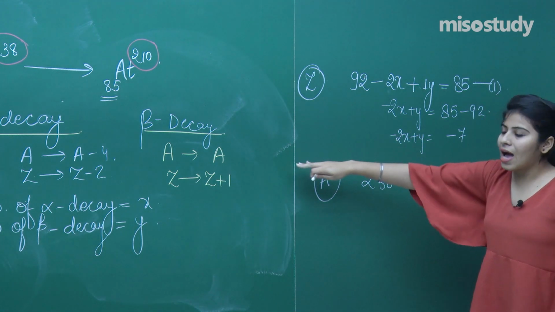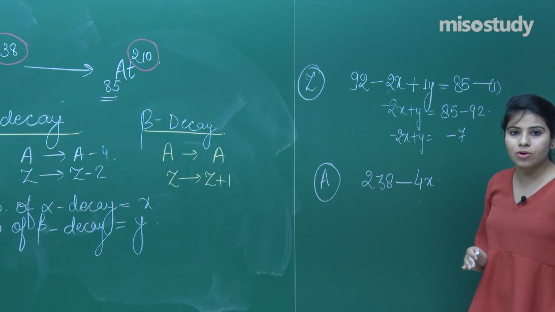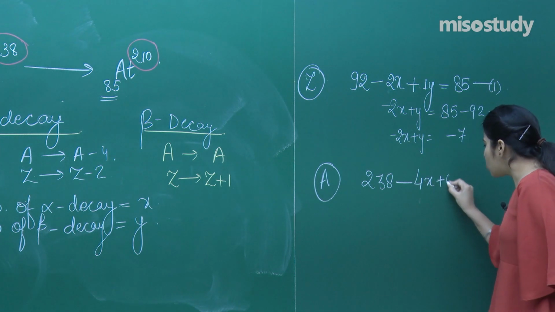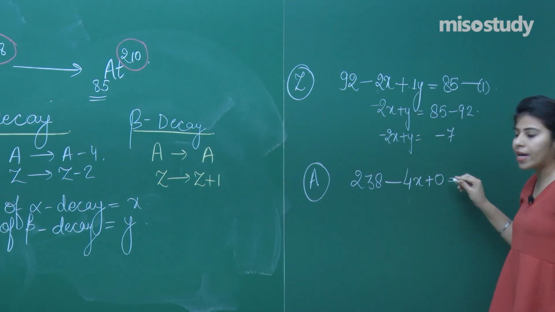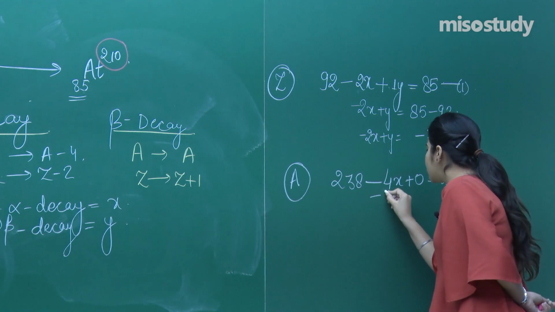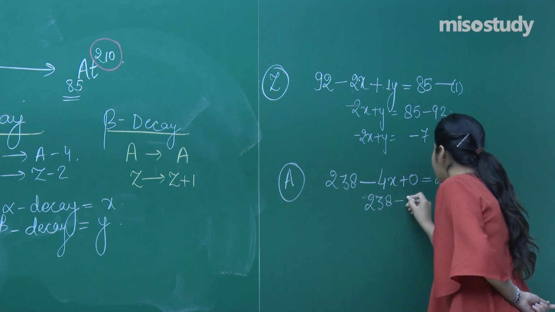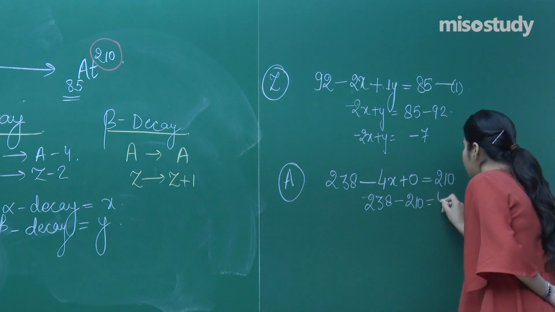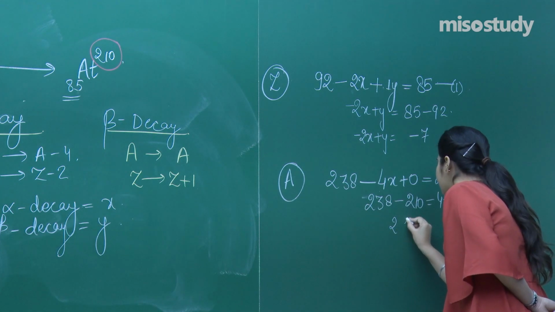As the mass number remains the same in beta decay, we are not going to touch it, so plus 0, because there is no change, equals 210. Or you can just say 238 minus 210 equals 4x.